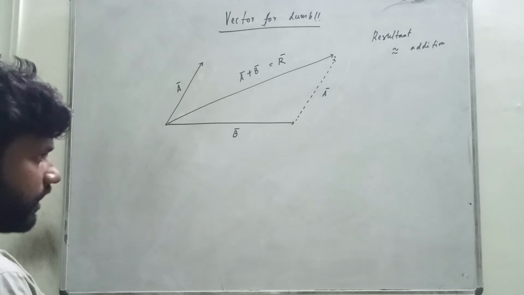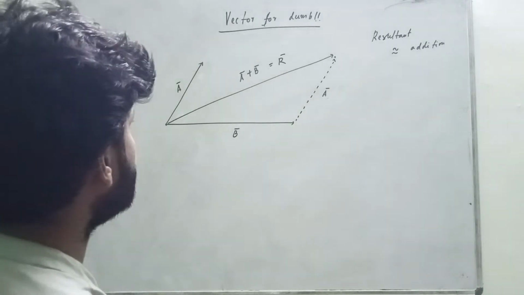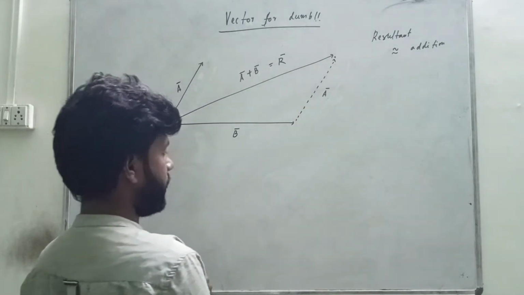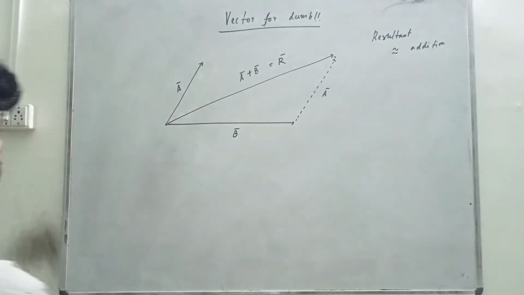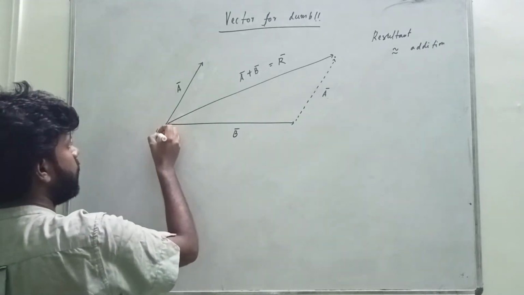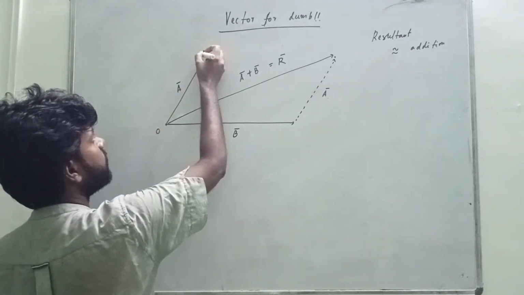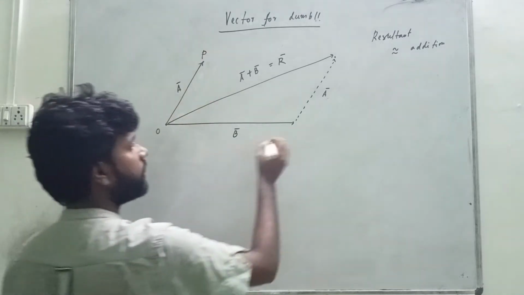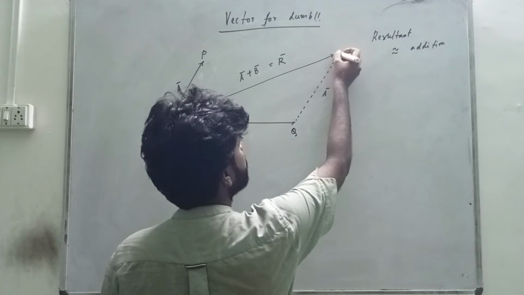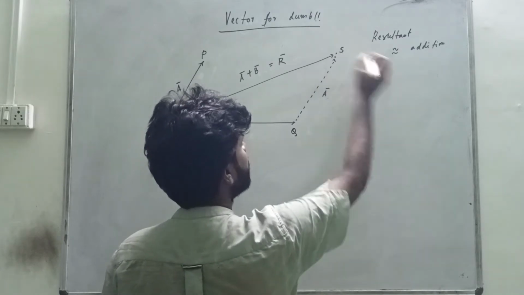So I want to calculate the length of this R, I mean a plus b. It is our task. First of all, this point is called O, this point is called P, this point is called Q, this point is called S, right?